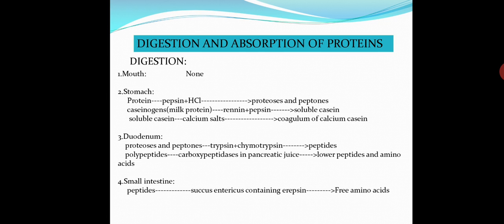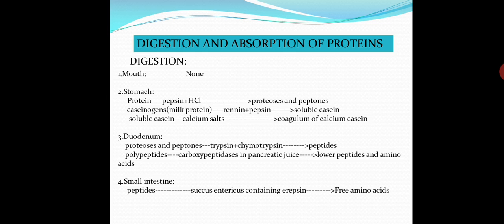Protein gets digested in the stomach up to proteoses and peptones. They are the large polypeptides. Approximately 10% of ingested protein is broken down completely in the stomach.